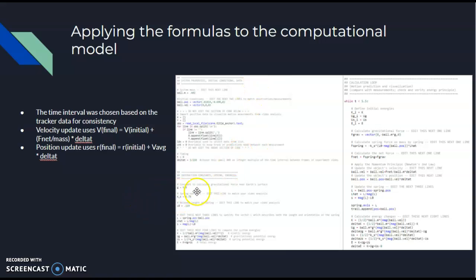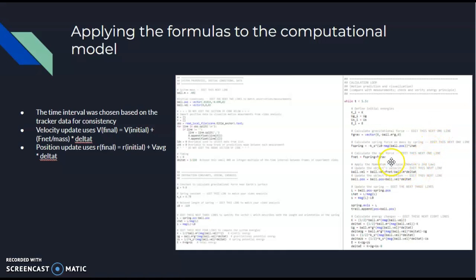A lot of these constants are found in the pre-lecture video. And this is the computation where we are trying to find the different forces that are part of the net force here. So F spring is calculated here, F grav here, and they cancel out or give you F net.